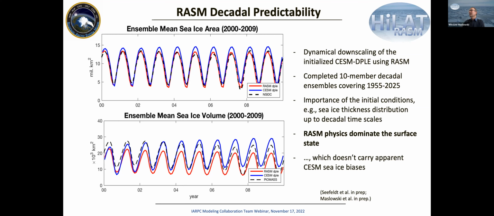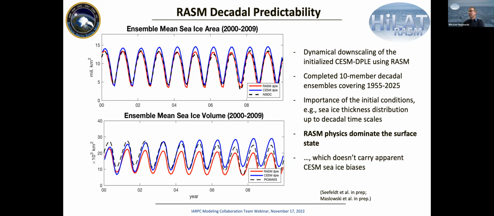So basically, dynamical downscaling of the initialized CSM DPLE using RASM, we've completed 10-member decadal ensembles covering 1955 to 2025, and it's showing the importance of the initial conditions, such as ice thickness distribution, for up to decadal time scale, not 6 months, as I mentioned earlier with the NCEP case.